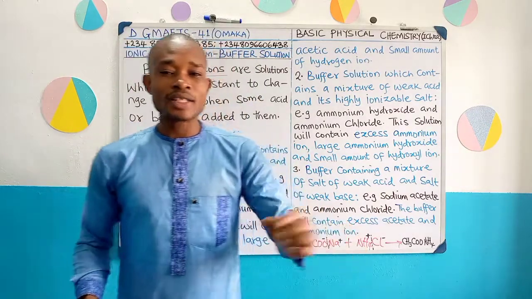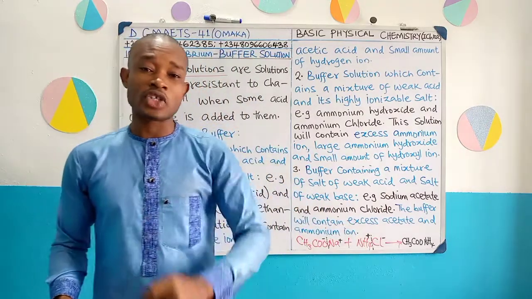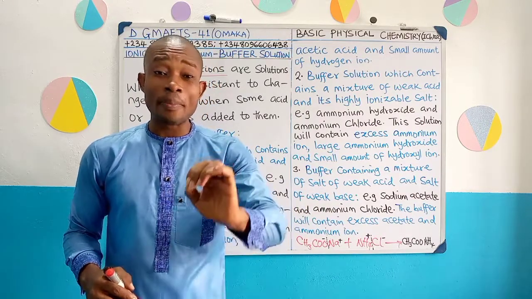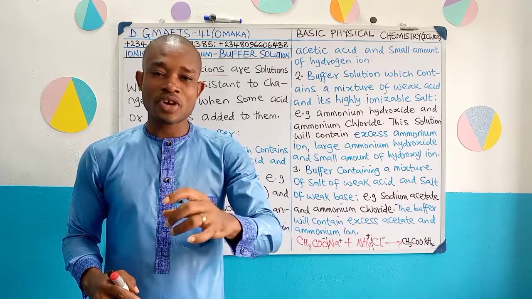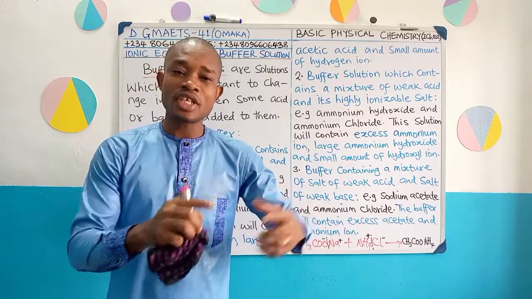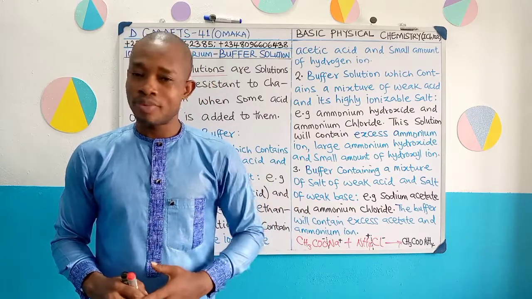Now we've explained the concept of buffer solution, we've talked about the types. We're now going to establish the formula for calculating the pH of a buffer solution, which of course can also help us to obtain the hydrogen ion concentration of a buffer solution.